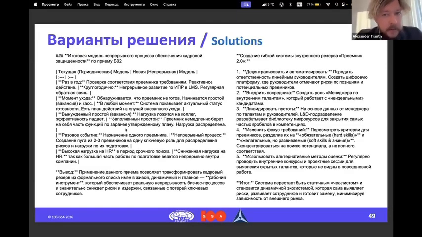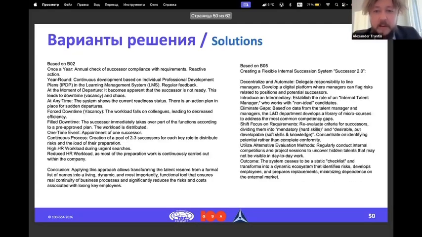For now, we have the same practice for the key positions for lower levels. 2 or 3 people, they are all ready, they train, they improve their skills all the time. And with that, the probability that if an employee decides to leave the company, somebody out of 2 or 3 potential people could suit this position.